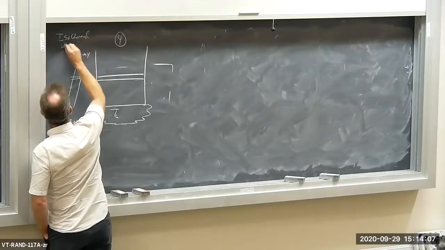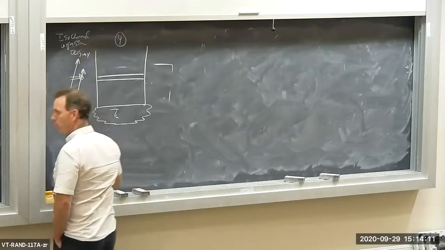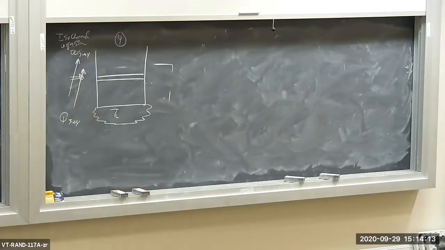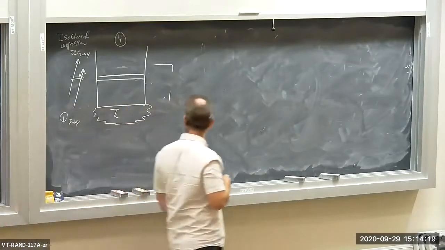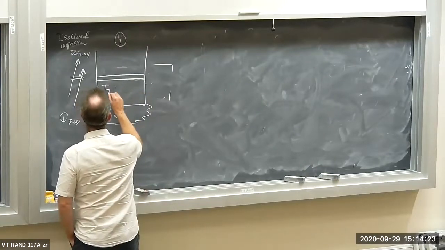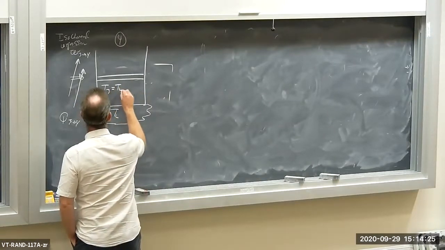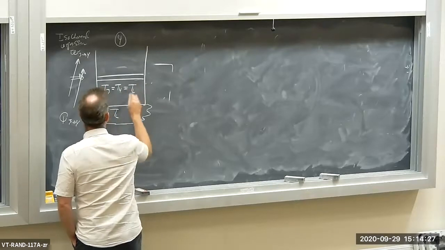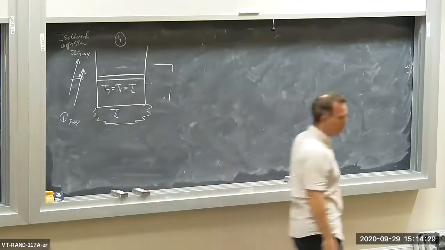Isothermal compression from 3 to 4. So our temperature, T3 is equal to T4 is equal to the low temperature reservoir temperature.